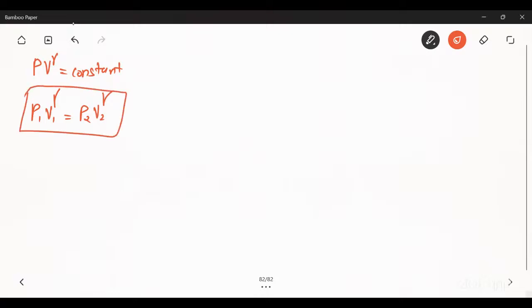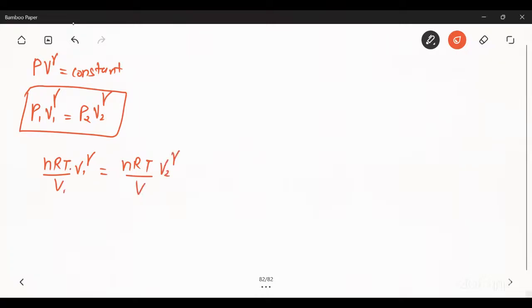So I can write P as nRT upon V. So nRT1 by V1 times V1 gamma is equal to nRT2 by V2 times V2 gamma.